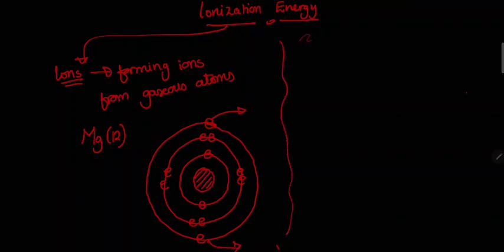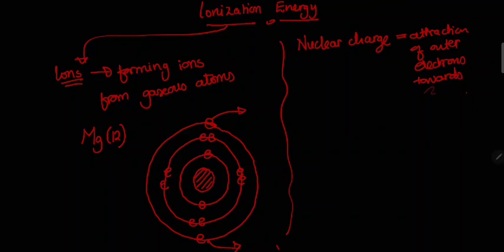In this one we are going to talk about some terms like nuclear charge. Basically this is the attraction of outer electrons towards the nucleus. Then we are going to talk about the screening effect.